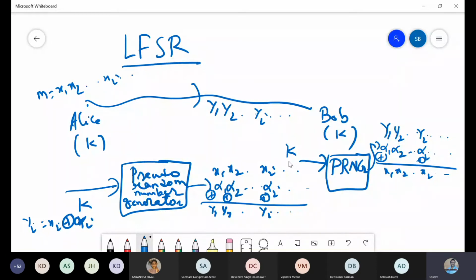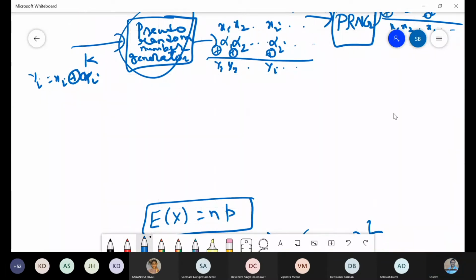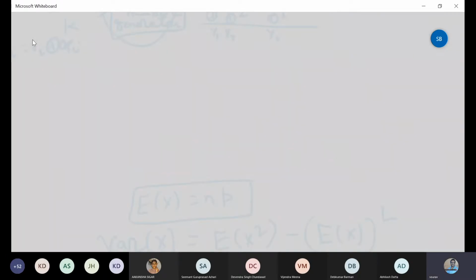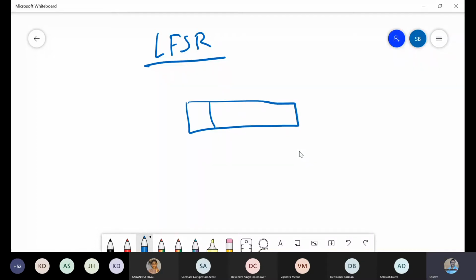Now we have started with one such key stream generator or pseudo random number generator, that is LFSR. Just to recap, a 4-bit LFSR has a 4-bit register.